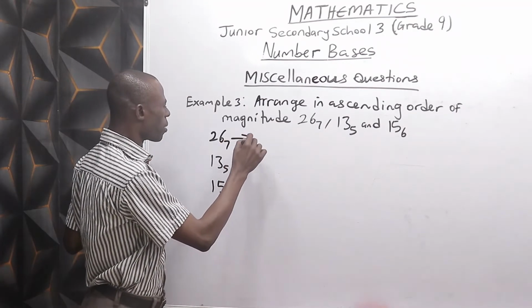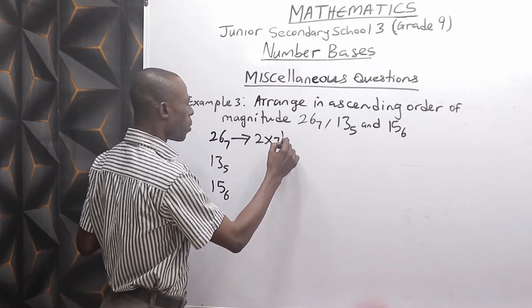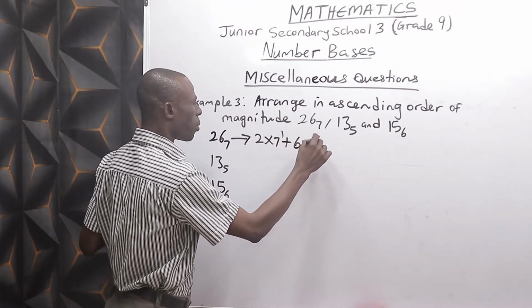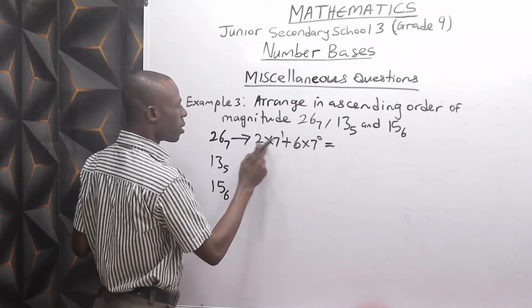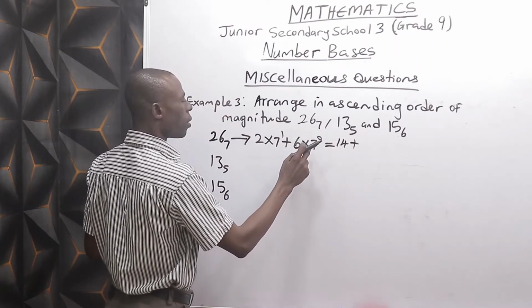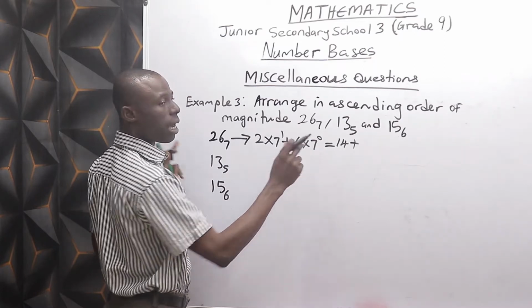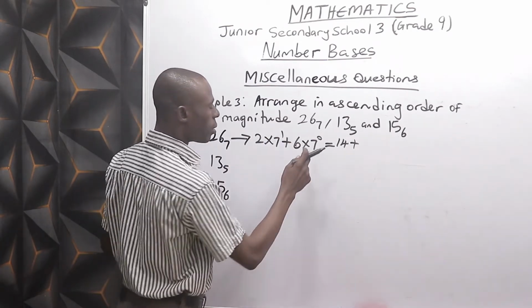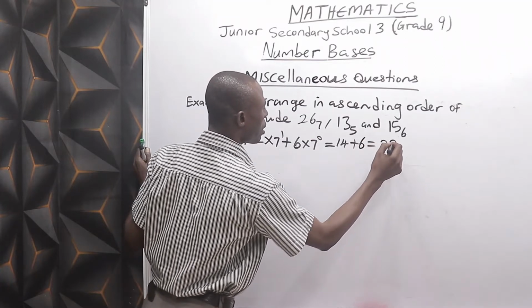So this will be 2 times 7 raised to power 1 plus 6 times 7 raised to power 0. 2 times 7 is 14, plus 7 raised to power 0 is 1. Anything raised to power 0 is 1. 1 times 6, that's 6. The final answer is 20 base 10.